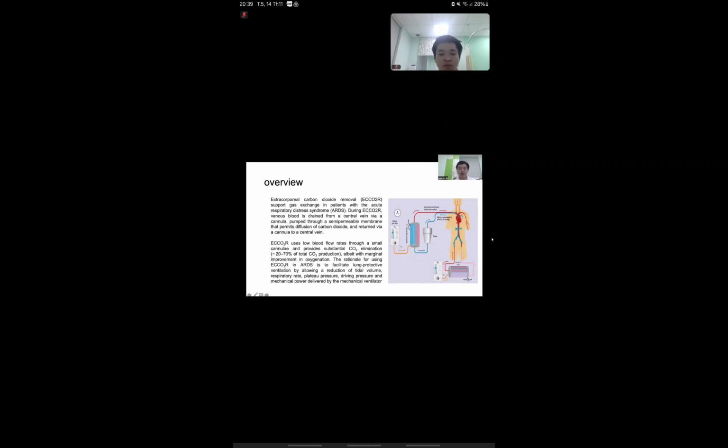ECCO2R yields low blood flow rate through a small cannula and provides substantial CO2 elimination, from 20 to 70% of total CO2 production, with marginal improvement in oxygenation.